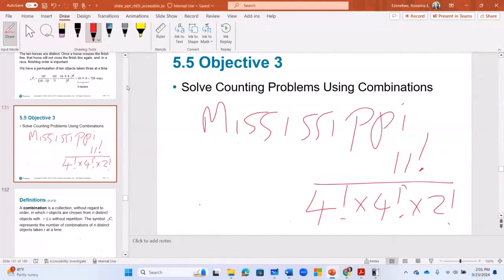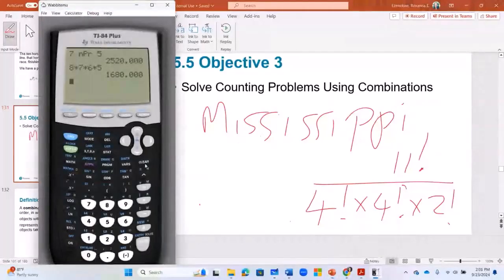So I am going to get my calculator and evaluate that. In how many ways can the word Mississippi be written where order is important? This is a permutation question. So 11 factorial: you go to math, PRB, factorial, number 4.